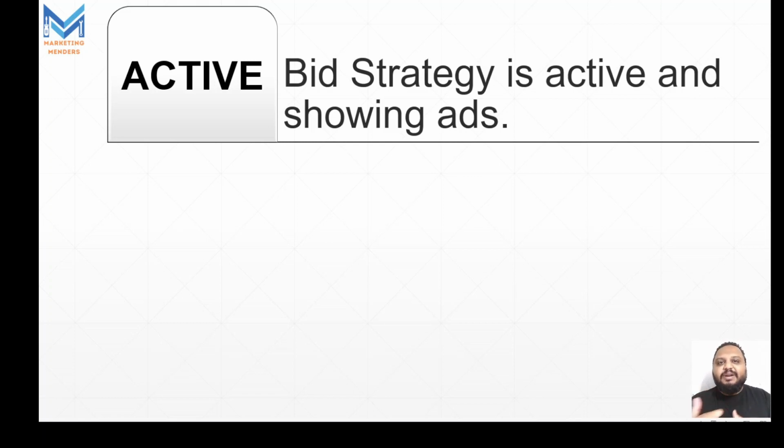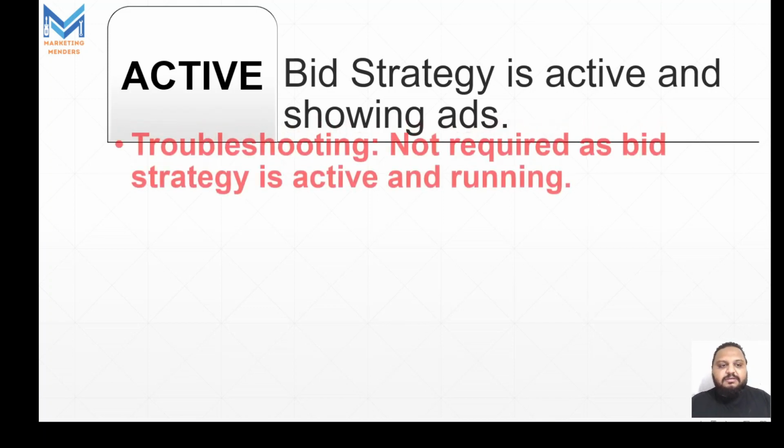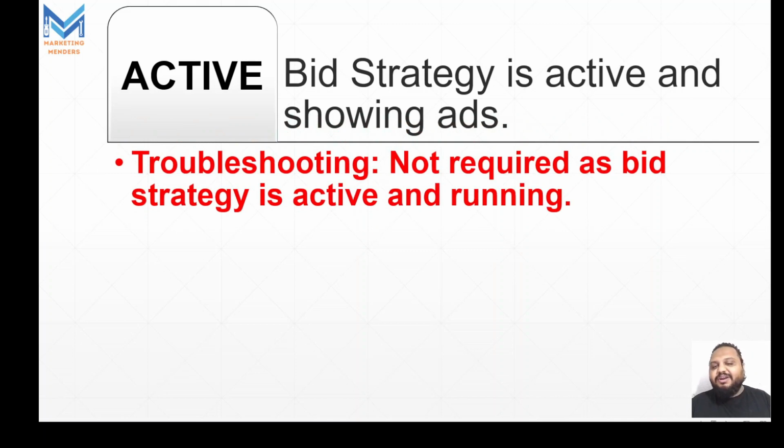Your mutual agreement with Google Ad is running perfectly fine, and Google Ad will start showing your ads to the targeting parameters you have selected, and you will start getting the result. So what is to be done in that case? Not required. No troubleshooting is required as your bid strategy is active and your campaigns are running.